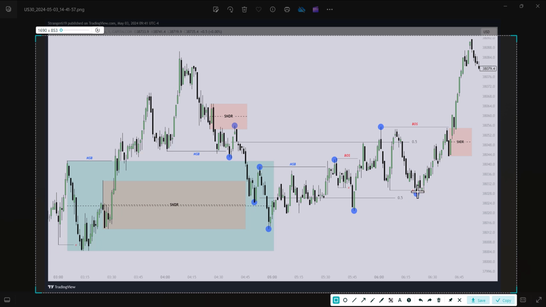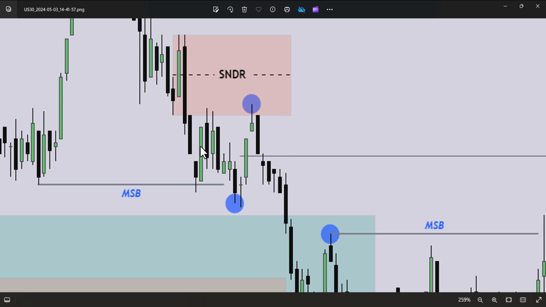As you can see, it put in this low, started trending higher, one more time sweeping this. So this is a double bottom. This is the bottom, this is the double bottom, and then price continued higher. Also, we have another example right here. This is the SNDR.